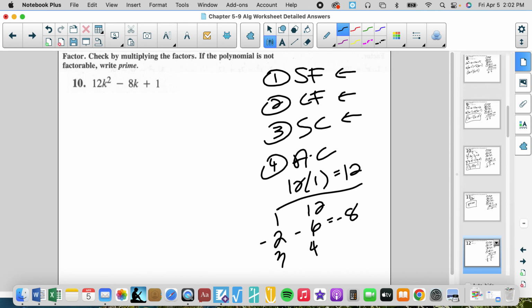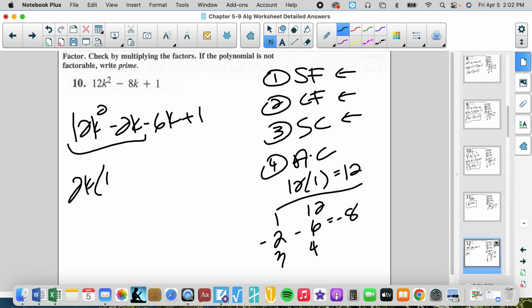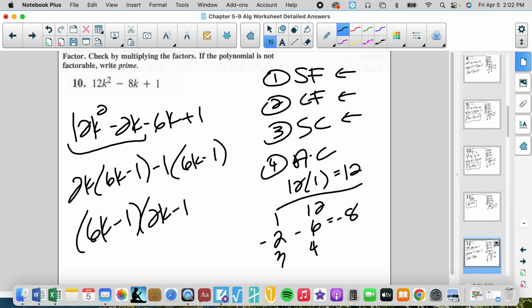That gives me -8. 12k squared minus 2k minus 6k plus 1. We're going to factor out a 2k, 6k minus 1. We're going to factor out a -1, 6k minus 1. 6k minus 1, 2k minus 1 gives us those problems.